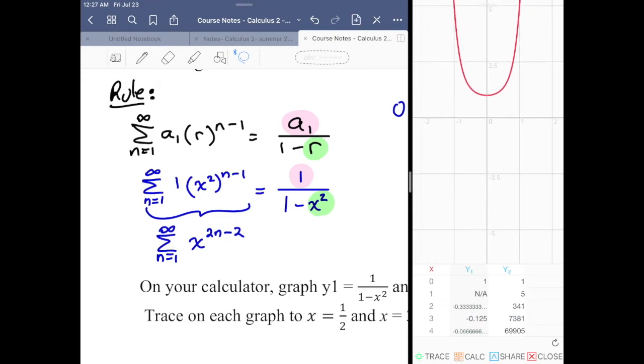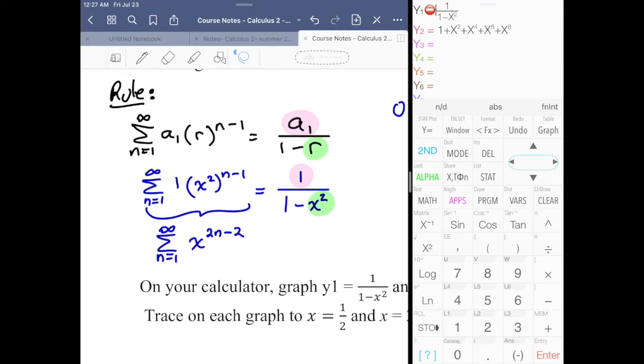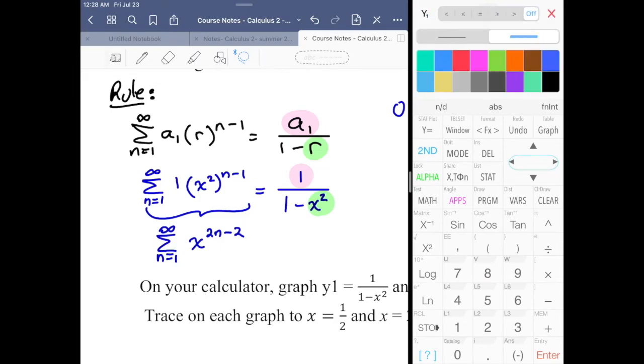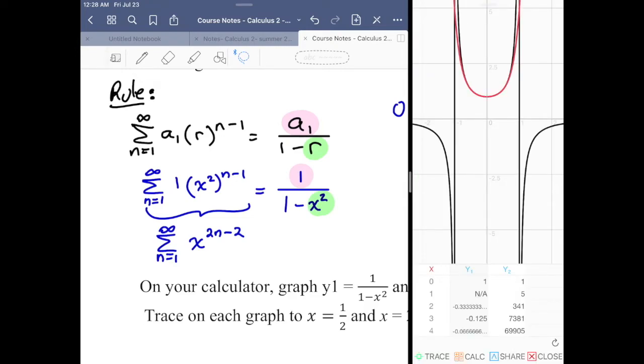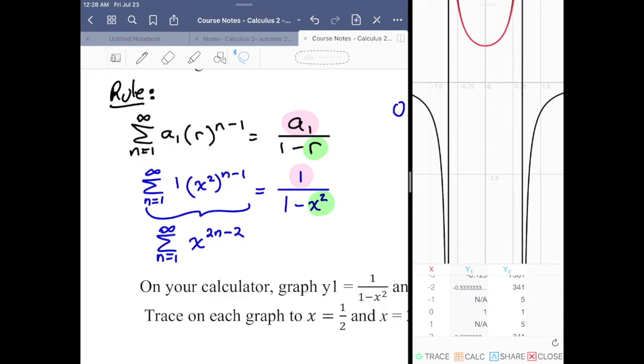Okay. So that's my red. All right, just hold that in your mind. The black is mapping directly, well, almost directly over it. All right, it doesn't seem that way, but it is.